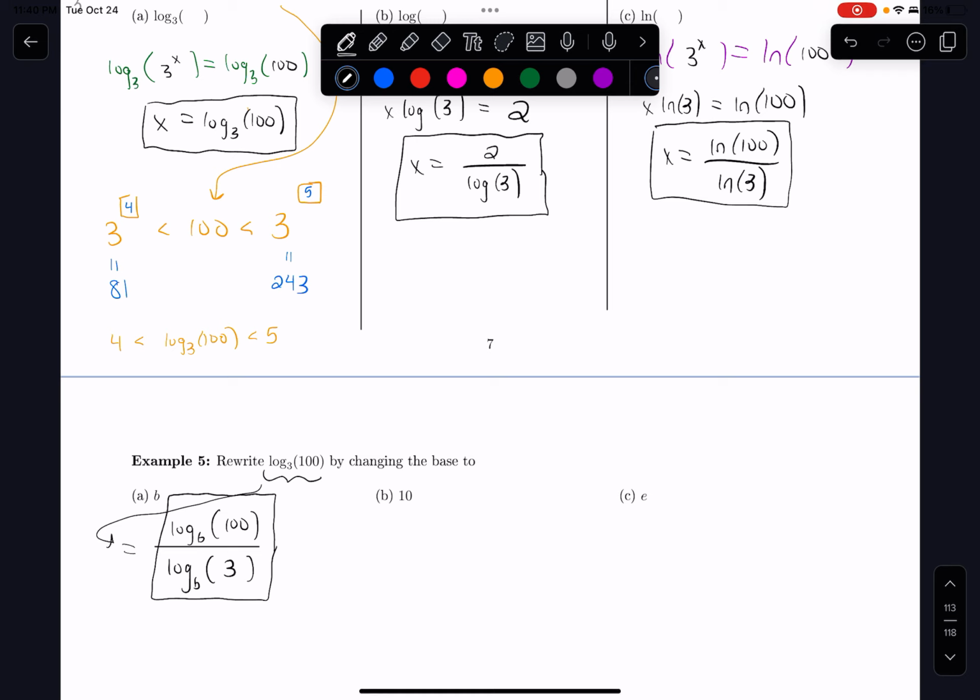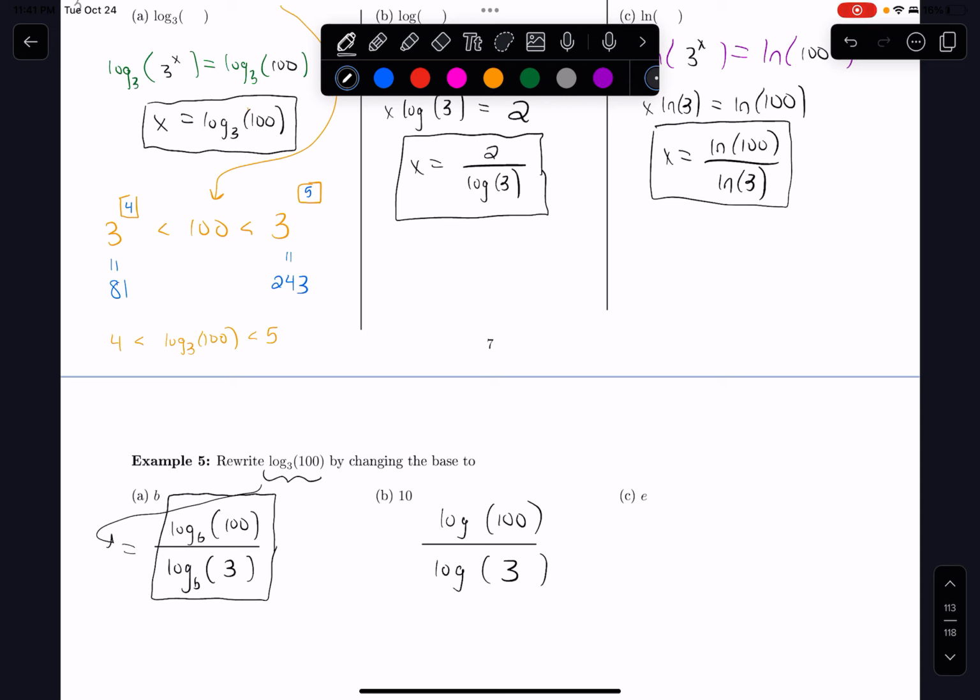Okay, so part B says, now do that, but let's change the base to be 10. Okay, so that'll give me a fraction. Now I'm going to get log base 10 on the top and log base 10 on the bottom. And when the base is 10, I don't need to write it. And using my memory trick, 100 goes on the top, 3 goes on the bottom.